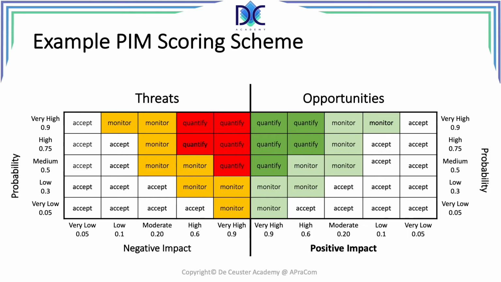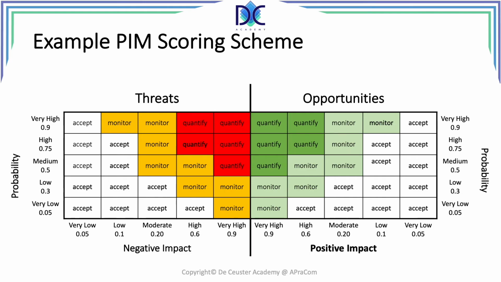So basically this has to be defined in the plan, and based on the probability and impact scoring we had, we can now do the impact and the probability scoring for the threats and the opportunities. And for every threat and opportunity, we can place a dot in this matrix. And when those dots are in the red zone for threats, we are going to quantify them.